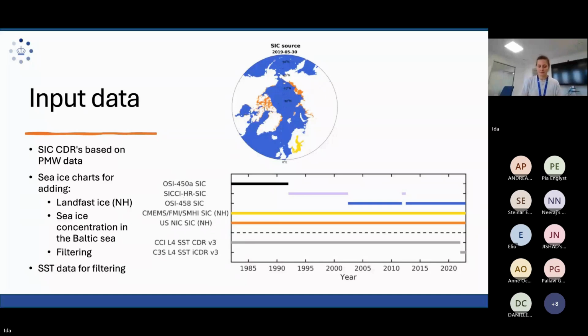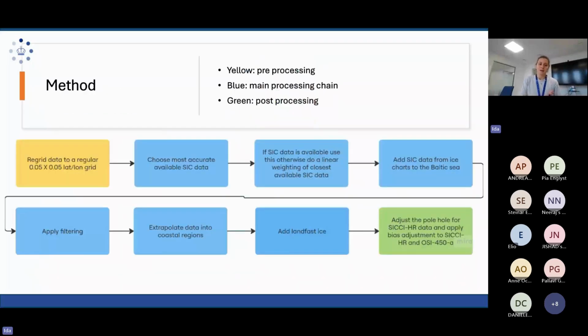So here we have the processing chain. We start out with regridding our data to a regular 0.05 times 0.05 degree lat-long grid. And then we choose the most accurate available sea ice concentration data, based on that time series I showed before, with whatever data we have available for a specific time period.